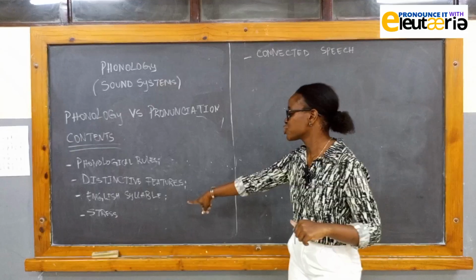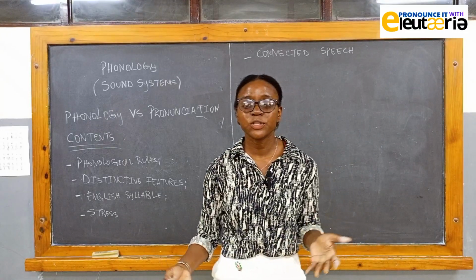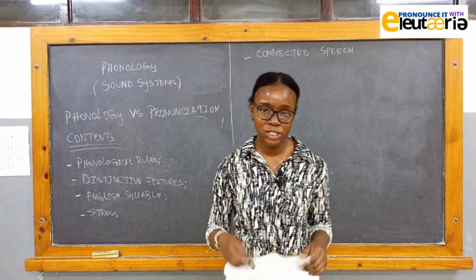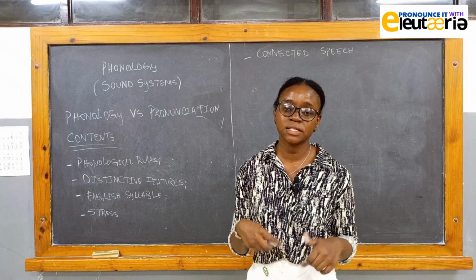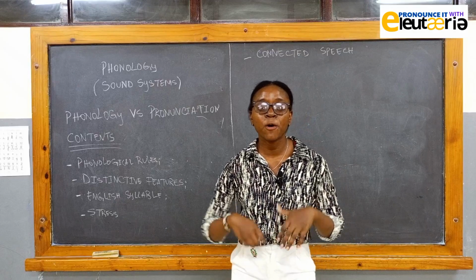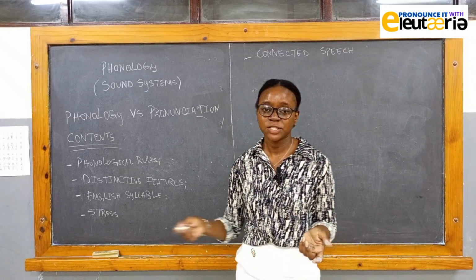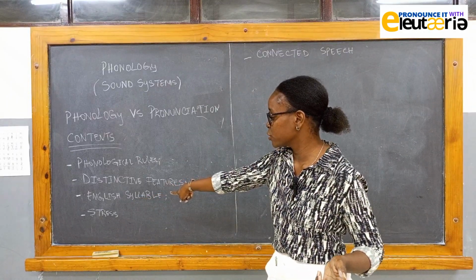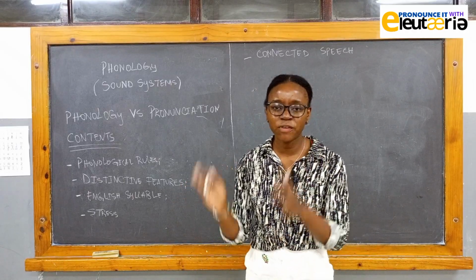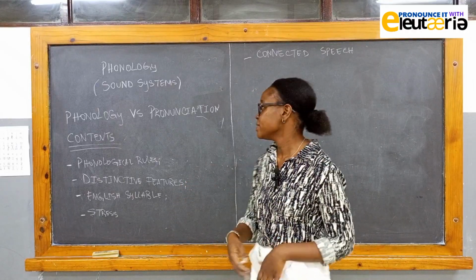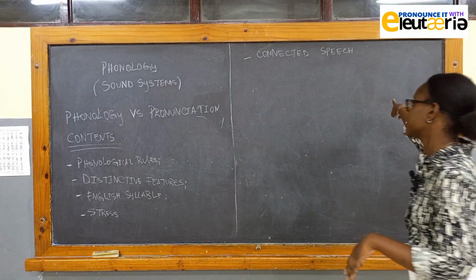And then we have stress. Since we don't have accentuation in English words, but there is stress, some syllables sound more prominent than others. So that's where we're going to study stress. How do we place stress in words? How do we find stress in a word? And then we have connected speech.